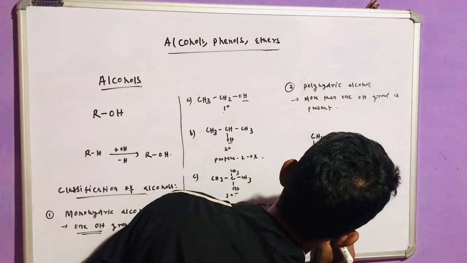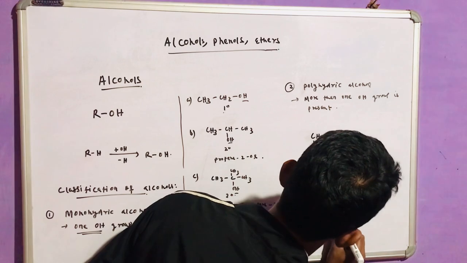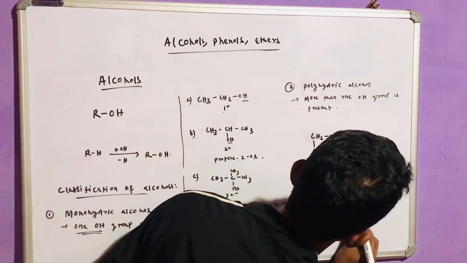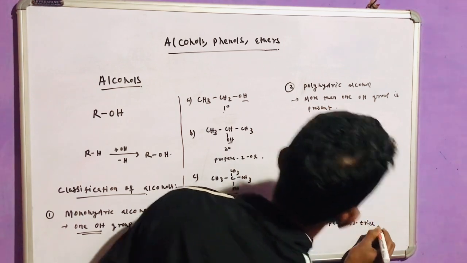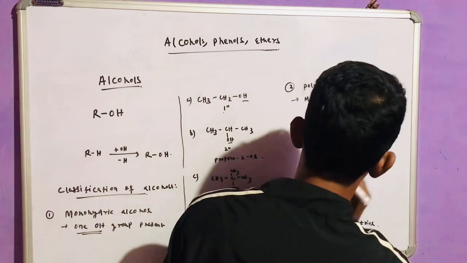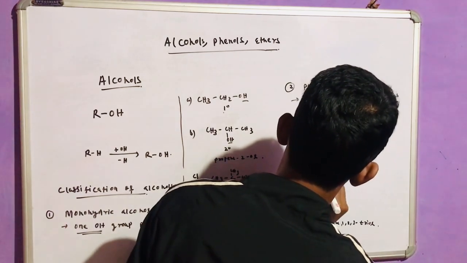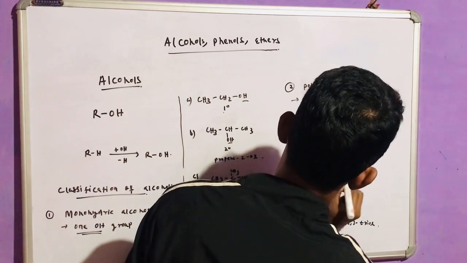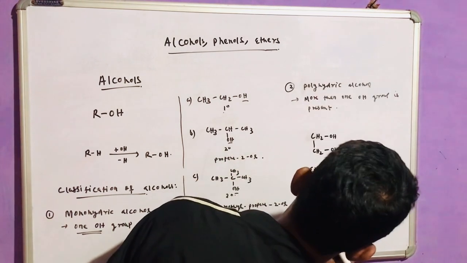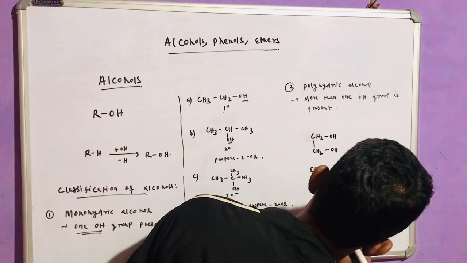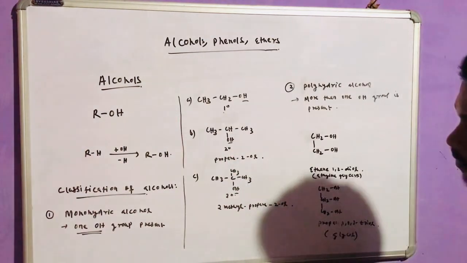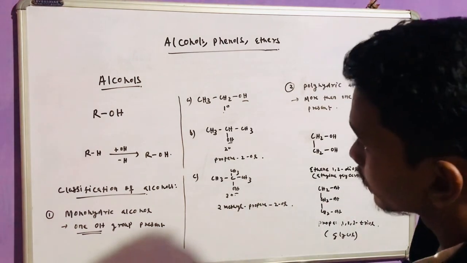So propane-1,2,3-triol. So the common names are glycerol and ethylene glycol. So these are the common names. This way you can classify alcohols.